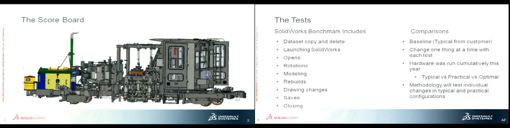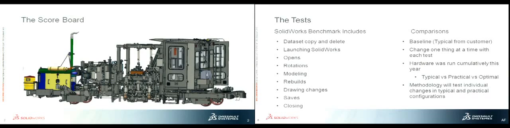This year, with hardware, we're doing a cumulative change. So we're going to change RAM, and then we're going to stick to those results, and then change something else. We're going to continually build up to a machine that we think is a more practical machine for use, as well as what we'll call an optimal machine. Or overkill, optimal overkill, whichever way you want to look at it.